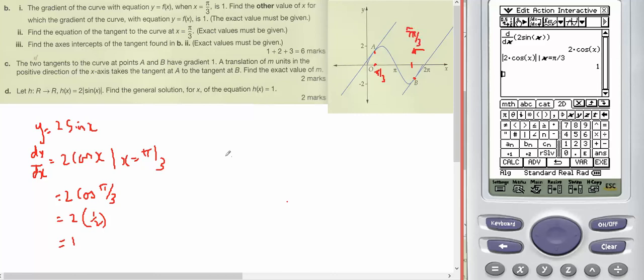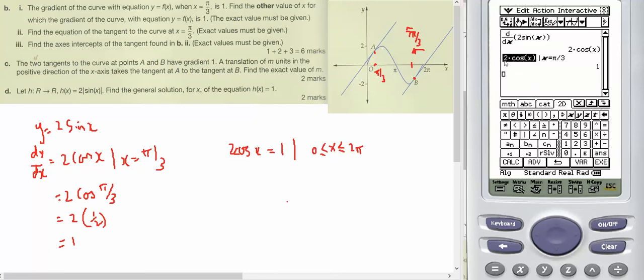But what I need to do is set the derivative, which is 2 cos of x, equal to 1, given x goes from 0 to 2 pi. I know one of the answers is pi on 3. I'm going to look for the other answer.